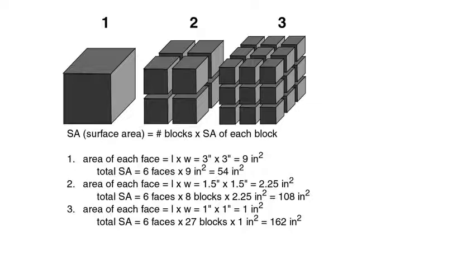Now start with this. Suppose we have only one big cube, then the area of each face will be 3 into 3, that is 9 inches square.